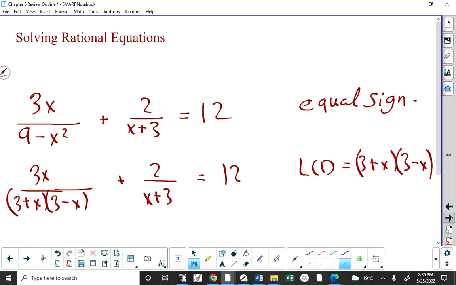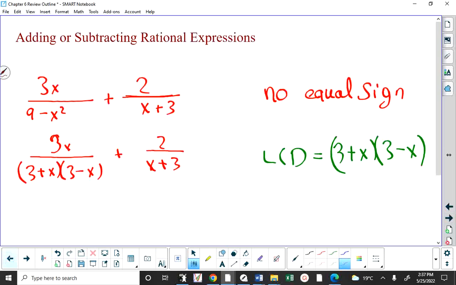I'm going to put both of these up on the screen. On the right-hand screen, you have solving rational equations, where you have an equation, there's an equal sign. We've factored everything and identified the lowest common denominator. On the left-hand screen, you have adding or subtracting rational expressions. We've factored everything, we've identified the lowest common denominator. Here's my question that I want everybody to think about.